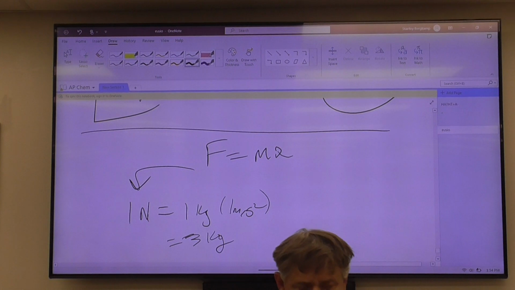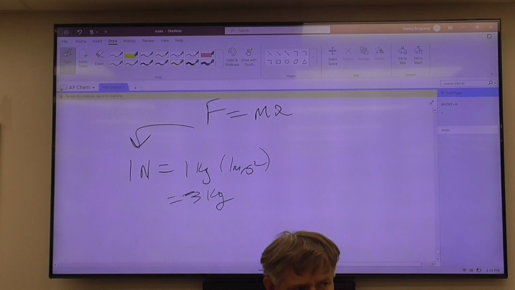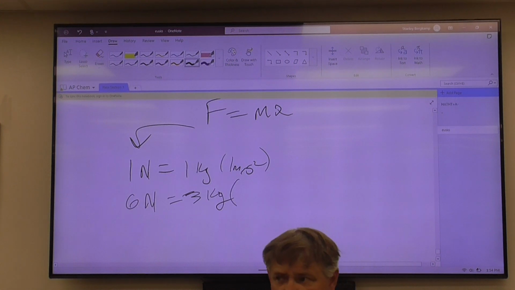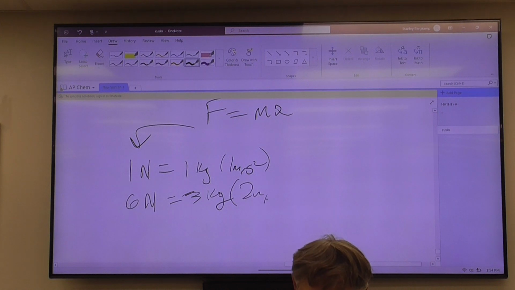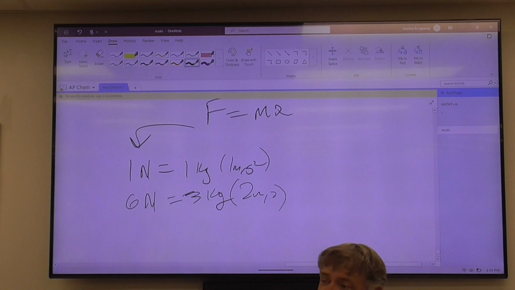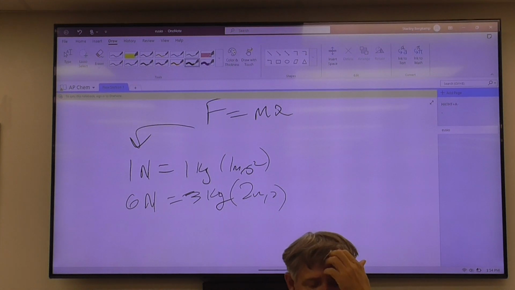What's going to happen to your force? Instead of 1 Newton, you're going to have 6 Newtons. So to make this balance, what's going to happen to your acceleration? It'll have to double, 2 meters per second squared. So it's going to go from 1 to 2. That's smash mouth physics. If that speaks to you, go with it.